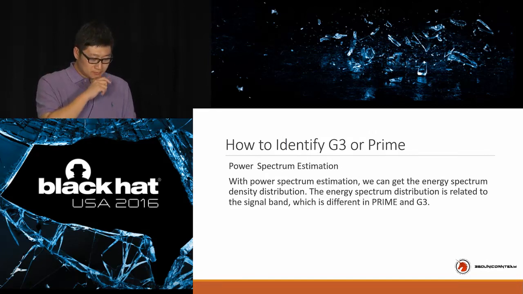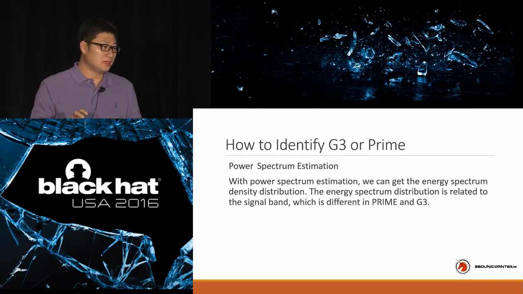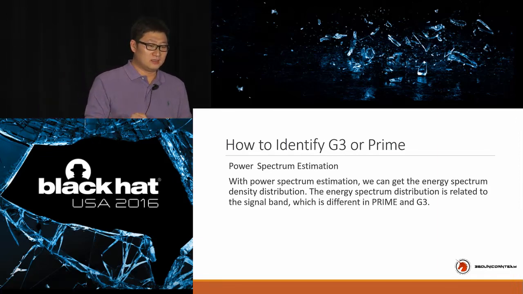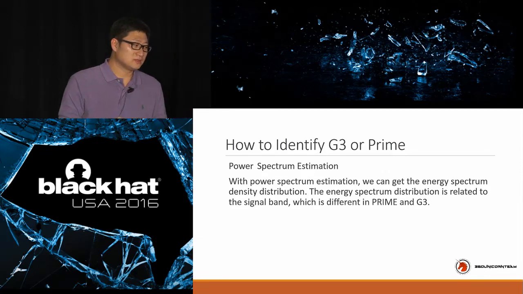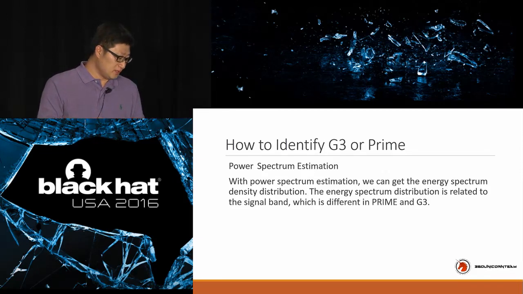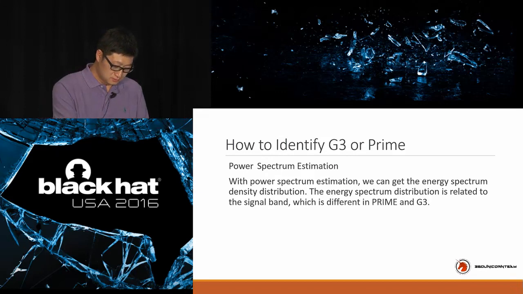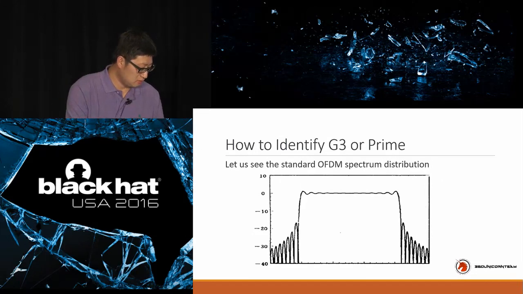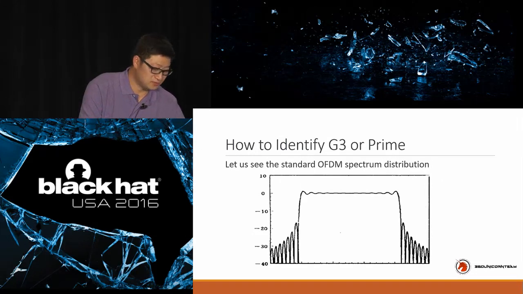After doing the Fourier transform of the autocorrelation sequence, we get the power spectrum distribution. This is a typical OFDM spectrum distribution.